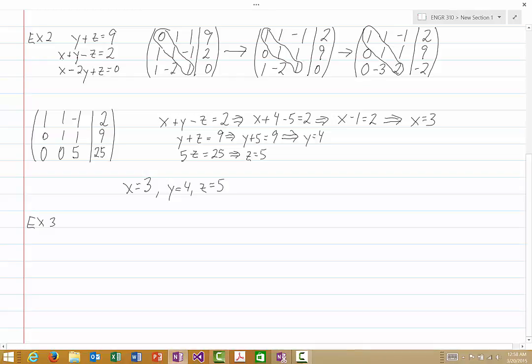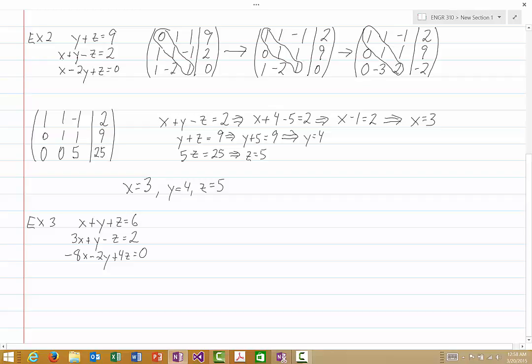Okay, so for example 3, we will have x plus y plus z equals 6, 3x plus y minus z is equal to 2, and minus 8x minus 2y plus 4z equals 0.